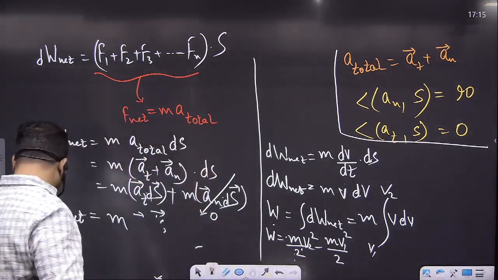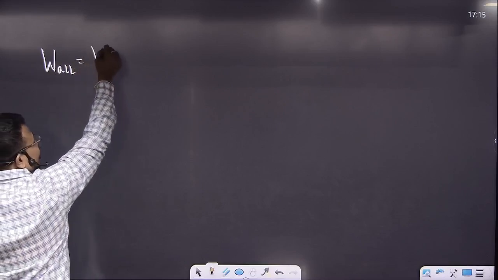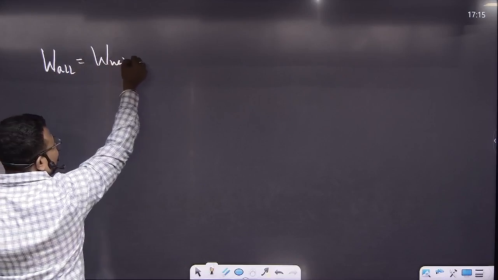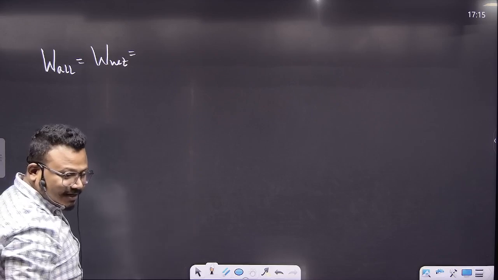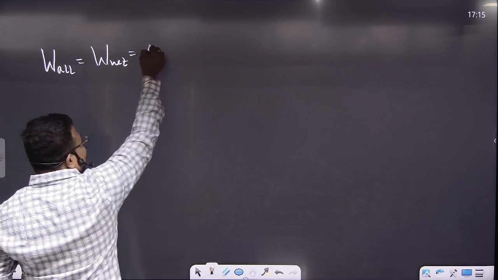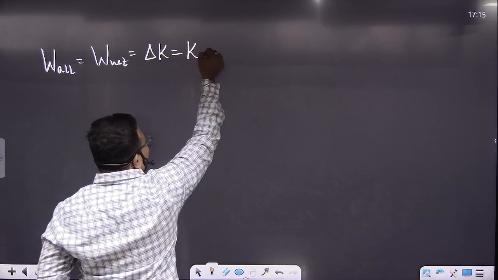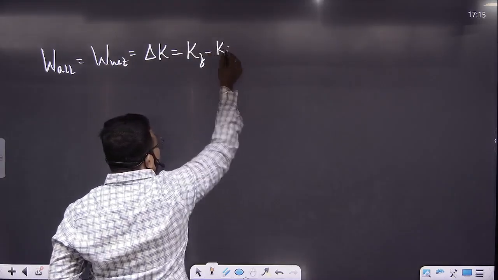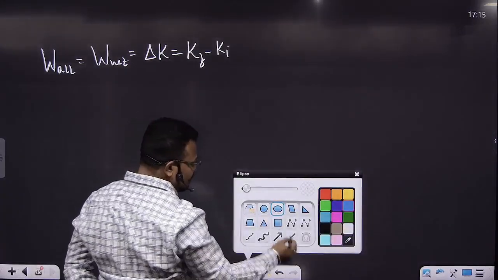So we can write, work done net will be equal to change in kinetic energy, which means K final minus K initial, a very important part of the whole work energy theorem.